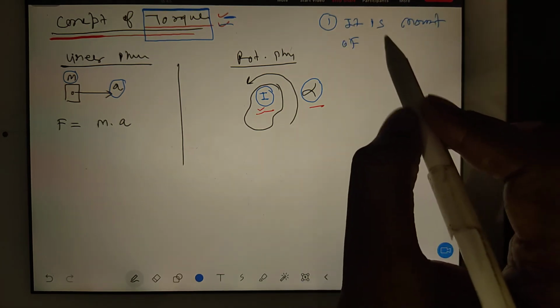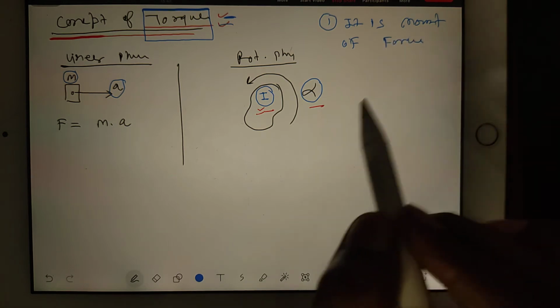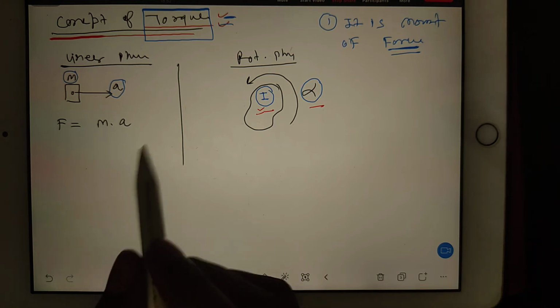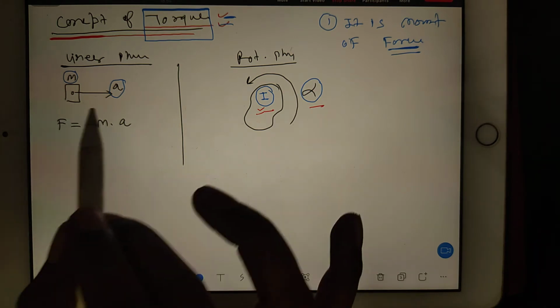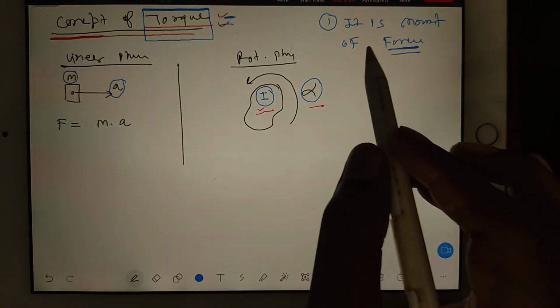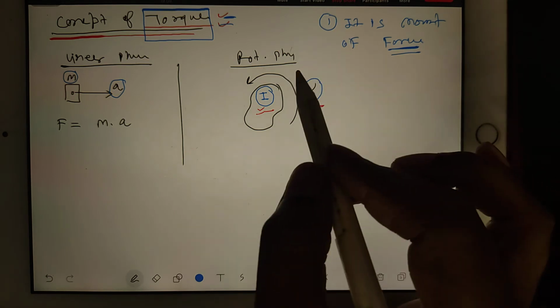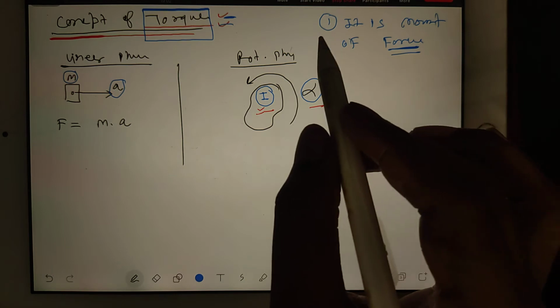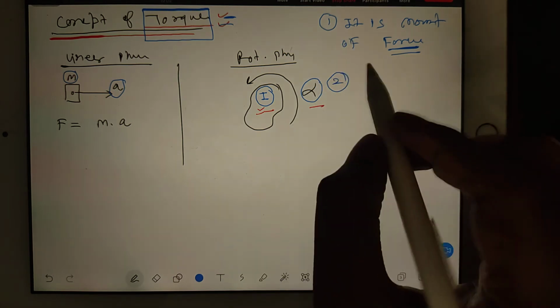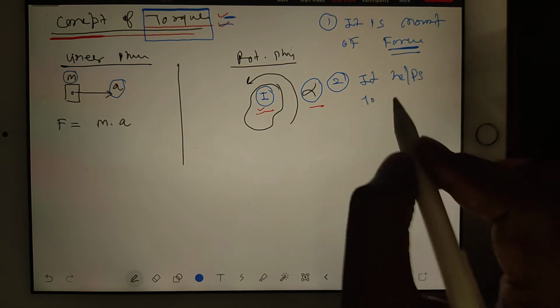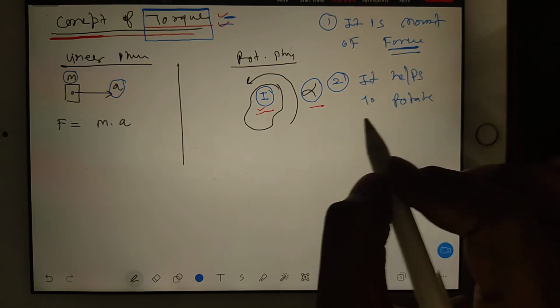When force is acting, any object can accelerate in a linear direction. But when torque is acting, then the particle will start rotation. It helps to rotate the particle.